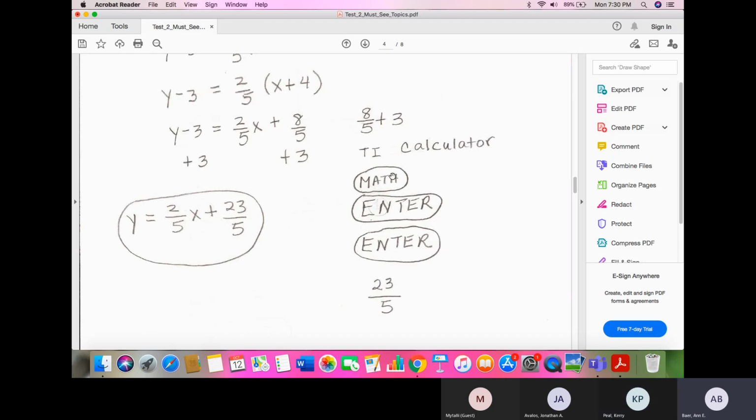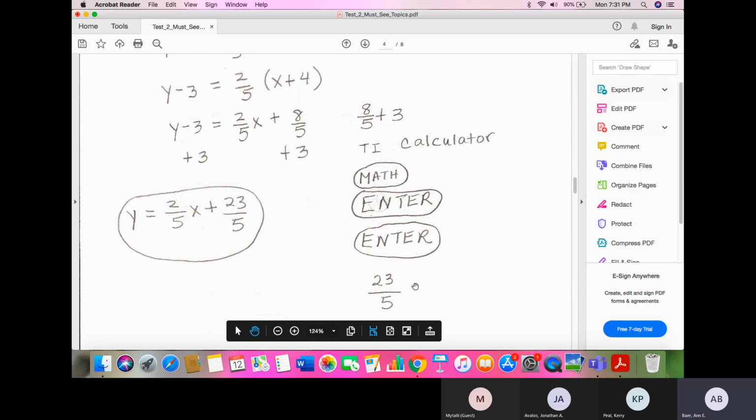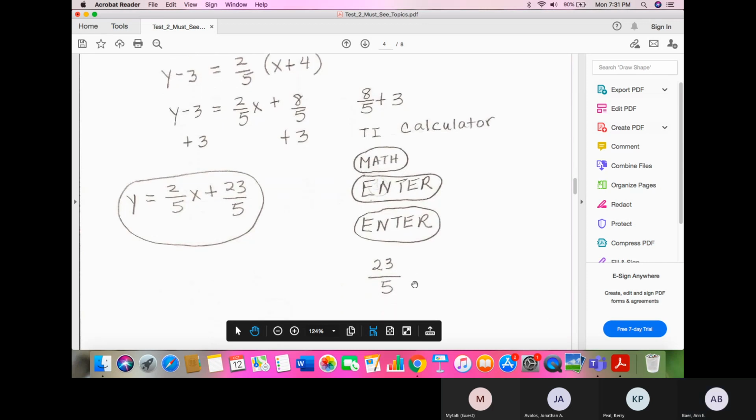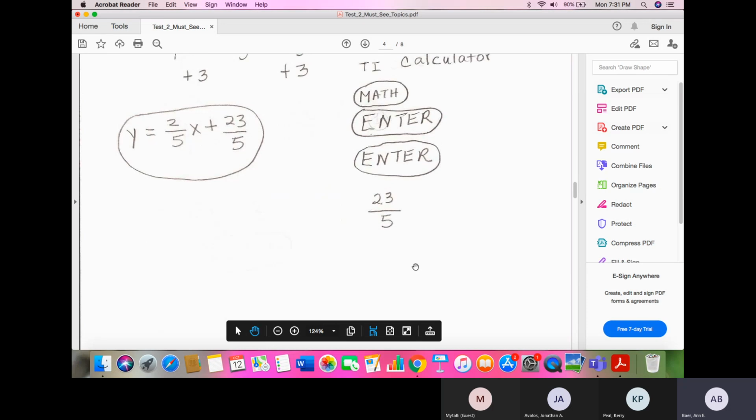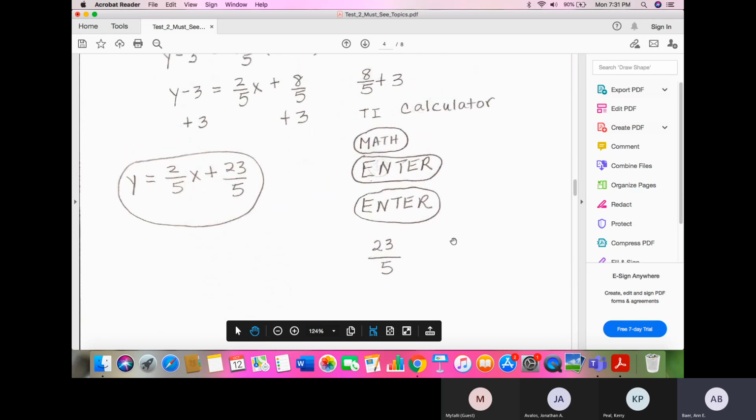And then all you want to do is go to the math key. It's in the very first column, 4th button down. Hit that button. And then all you do after that is hit the enter button, which is in the lower right corner of the calculator. Hit the enter button twice. And I got 23/5. Any questions on how to use a calculator to help you out there?